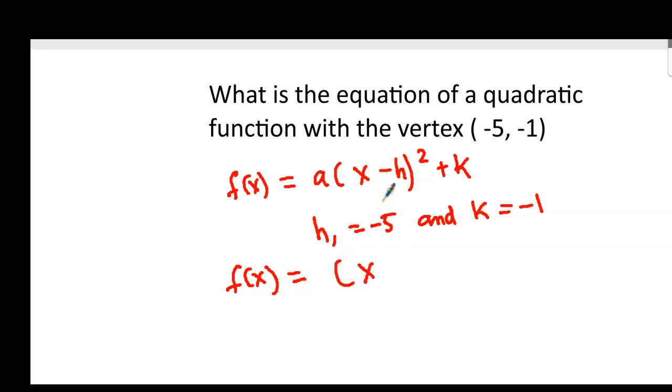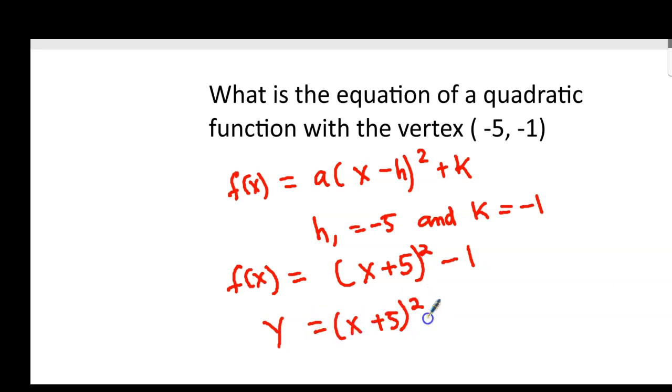Since it's negative, negative times negative is going to be positive, so it's going to switch into that, squared. This is positive and this is negative. So negative times positive is going to be negative, minus 1. And that gives us the function. If you want the equation, you say y is equal to that. So when you grab this, you realize that the vertex is going to be -5 and -1 from this equation that we were able to write here.